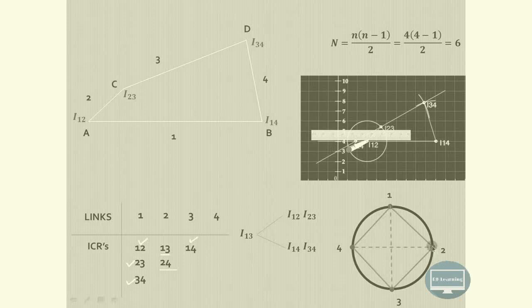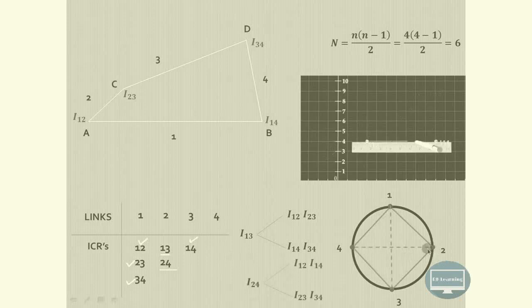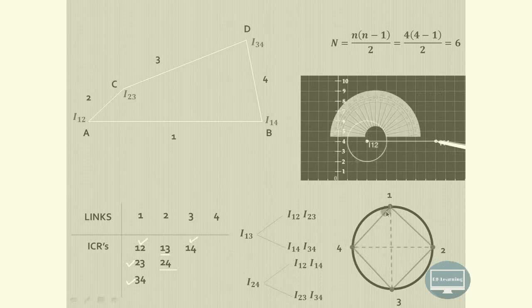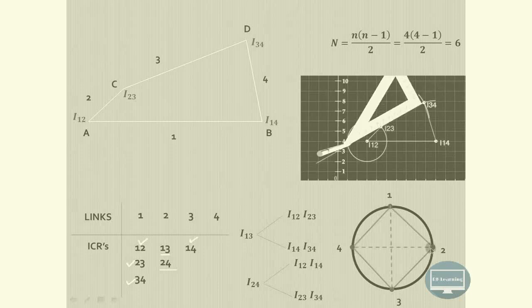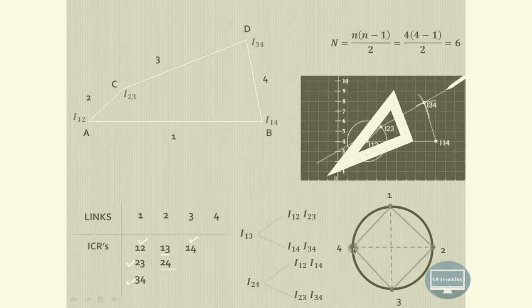Similarly we can join 2,4, that is I24. When we join 2,4 we get two triangles, that is 1,4,2 and 2,3,4. So we can say that I24 is the combination of 1,2 and 1,4, and similarly 2,3 and 3,4.